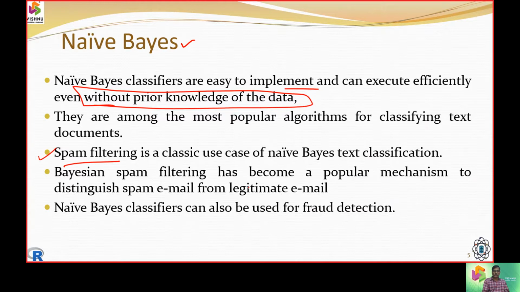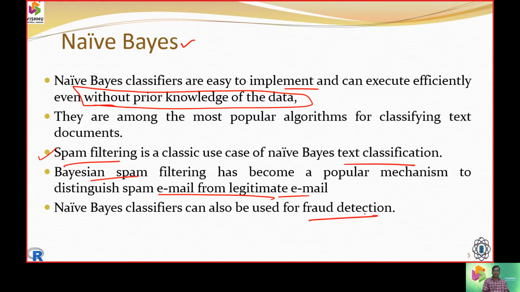Second, it is used in text mining, in text classification also, and especially to check whether an email is correct or not, whether the email is appropriate or not, whether the email is legitimate. There the Bayesian approach is going to work.